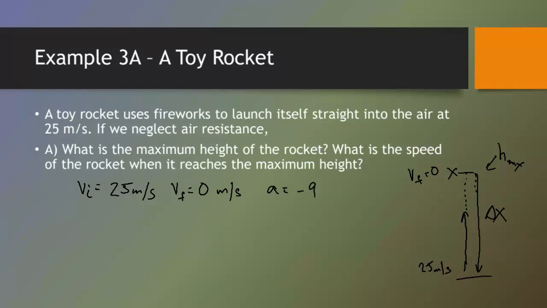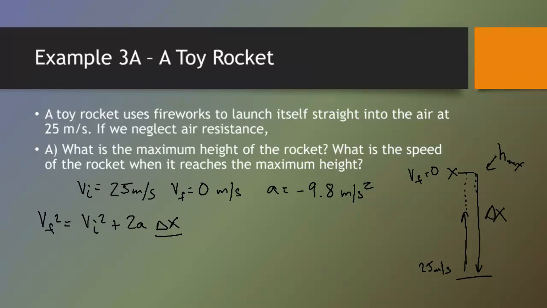Now you don't use this equation much, but we can use it here. Vf squared equals Vi squared plus 2 times a times delta x. And delta x is the component that we're looking for. And we know everything else.